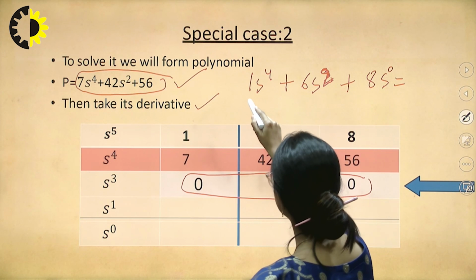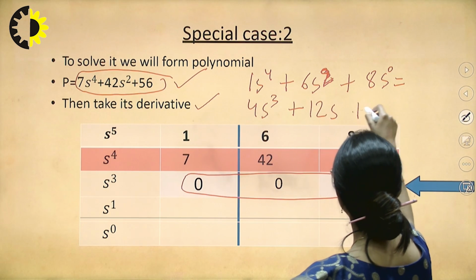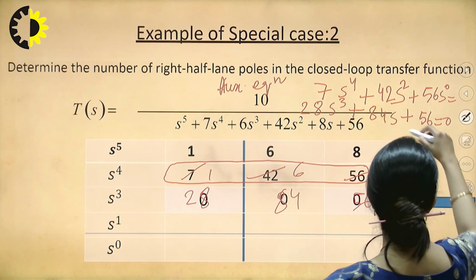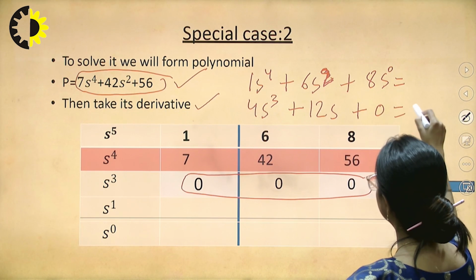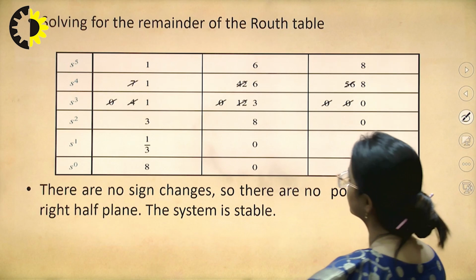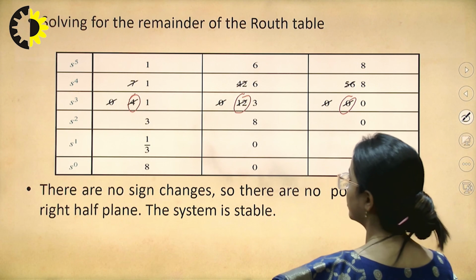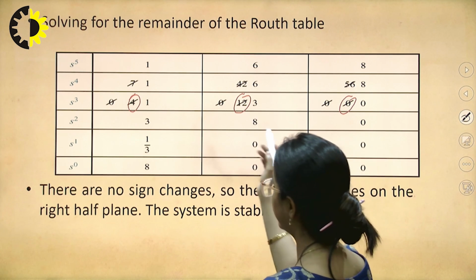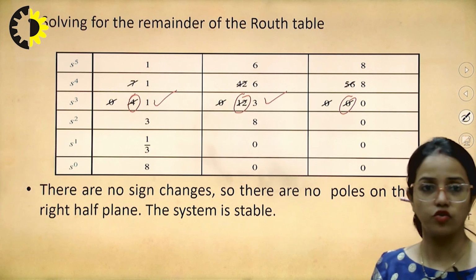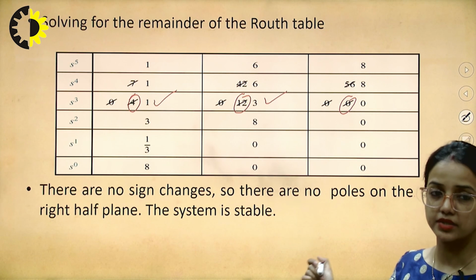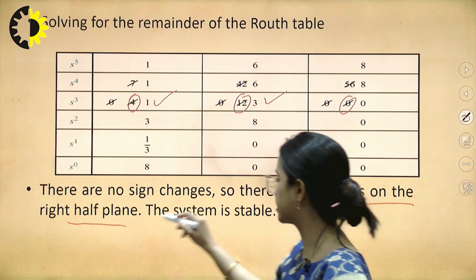The derivative is 4 s cube plus 12 s plus a constant term, which here should be 0. The coefficients we have are 4, 12 and 0. We are again dividing it and getting 1 and 3. Now we can solve the equation very easily. There is no sign change, so there are no poles on the right hand side and the system is stable.